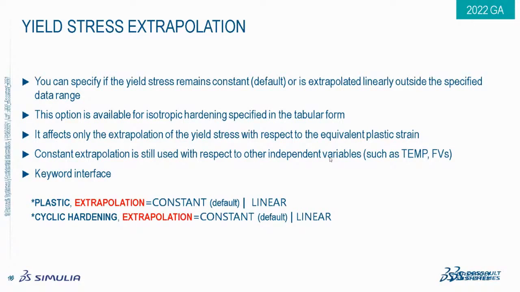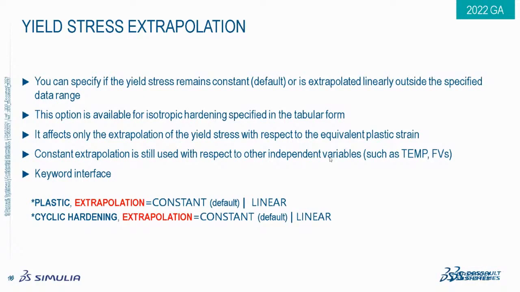I'm sure many of you are familiar that the default behavior in Abaqus for many years is when you run off the end of your plasticity curve, which in many cases is simply a point, we hold the stress constant, and what that did in many cases is create localized plasticity regions that would grow and then sometimes result in convergence difficulties.